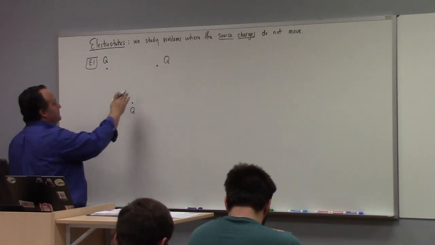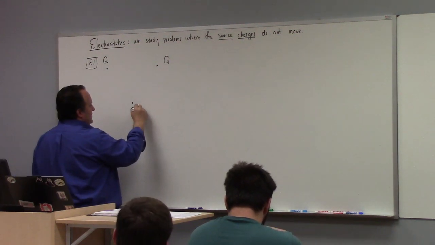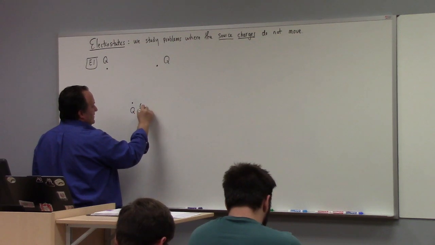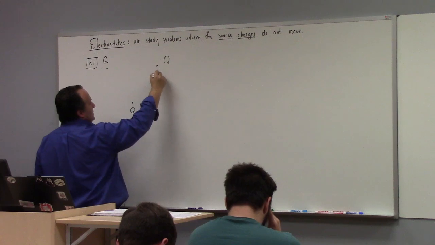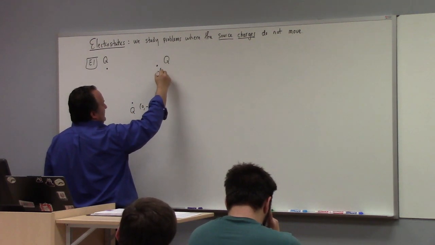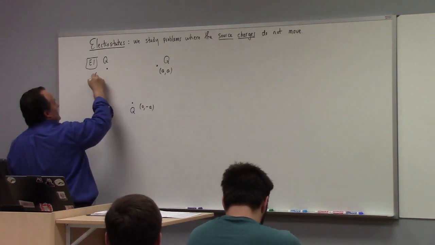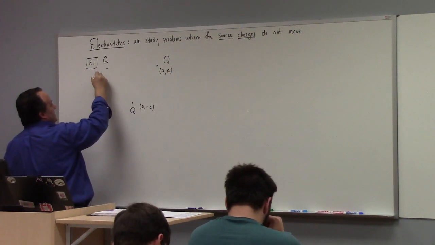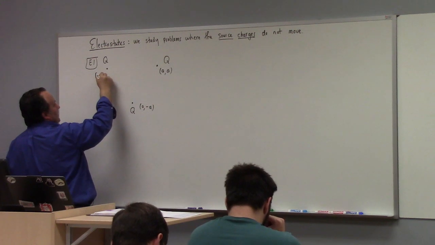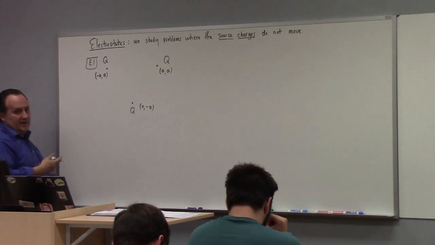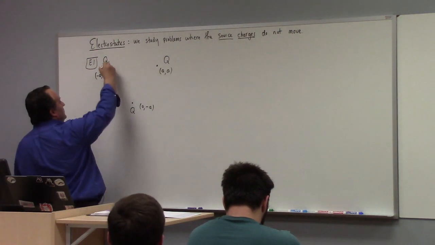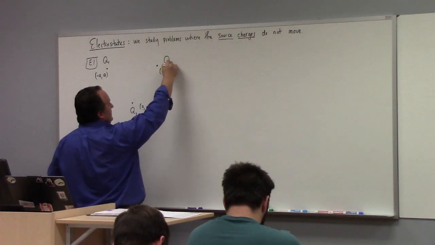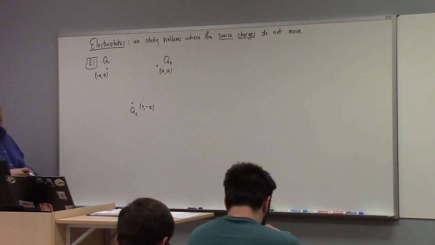And let's suppose that this one is at 0, comma, minus a, and this one up here is at a, a, and we'll put this one up here at minus a, comma a. All right, that's the location of these 3 charges. And let me make them possibly different, right? Q1, Q2, Q3. All right?